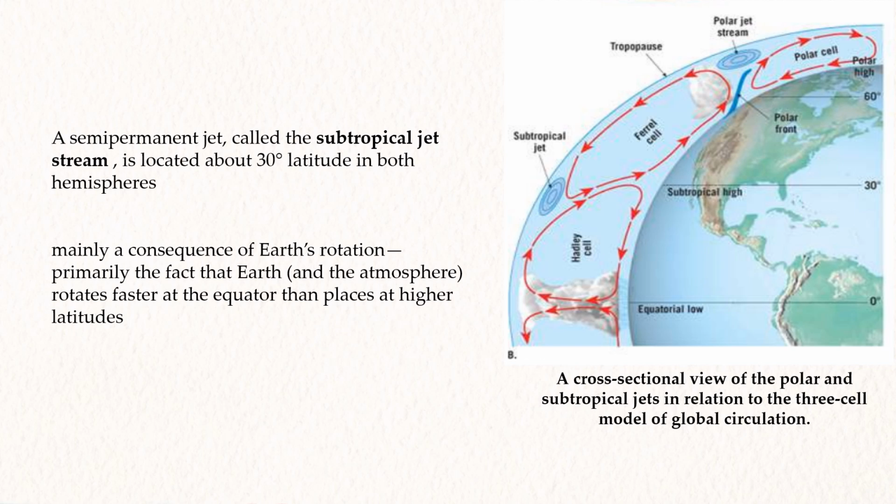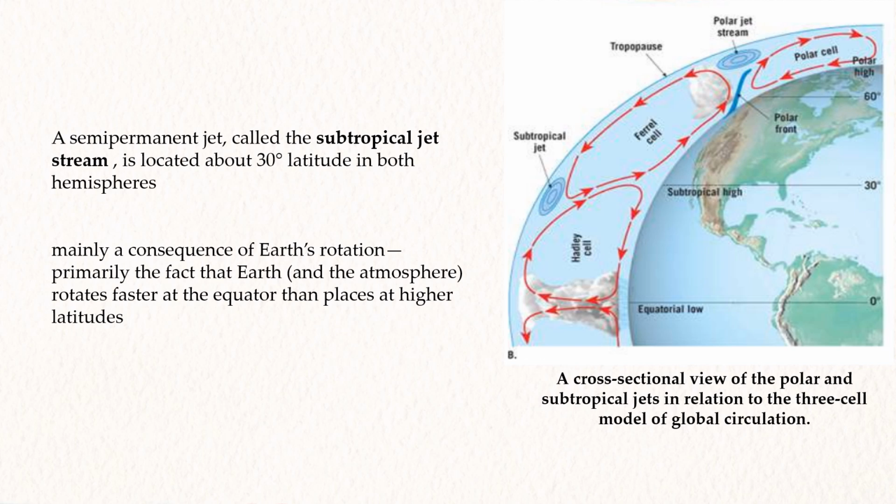As the air moves poleward as part of the upper Hadley circulation, it conserves its rotational velocity. This is what we call angular momentum. So it moves faster than the Earth's surface, because it started closer to the equator, and as it moves poleward, it conserves its rotational velocity.